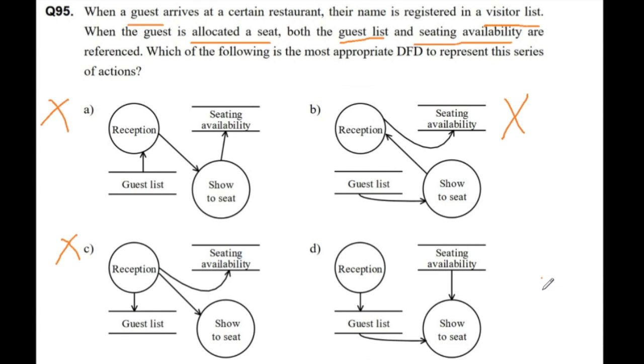What we have would be letter D, which says that to show the seat, we connect guest list to the seating availability. And therefore, D would be the correct answer. That's what the answers list is going to tell us if we look at it to find out what the correct answer would be.